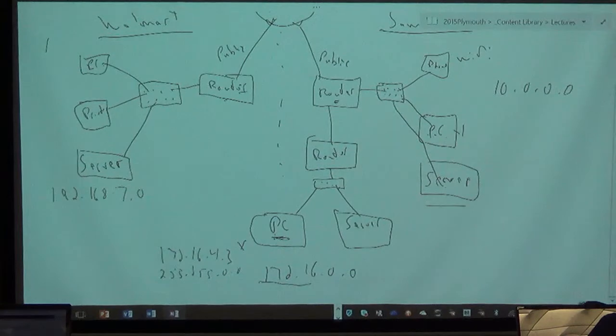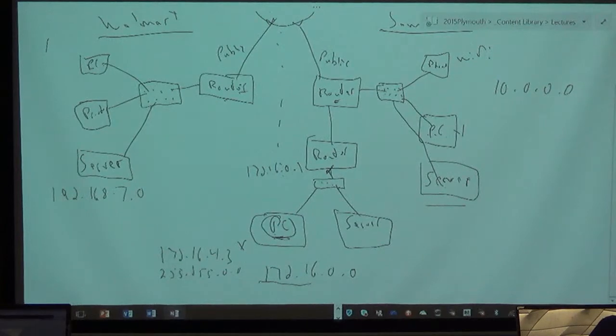What's the IP address going to be for the gateway? It's going to be the IP address of this router, right? That's its default gateway. Could be anything. 172.16.0.1, how's that? With the same subnet mask.